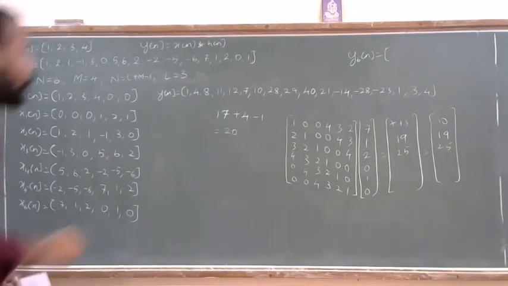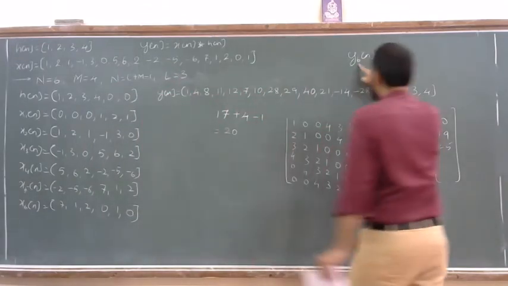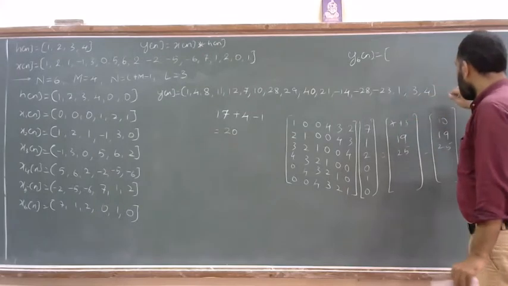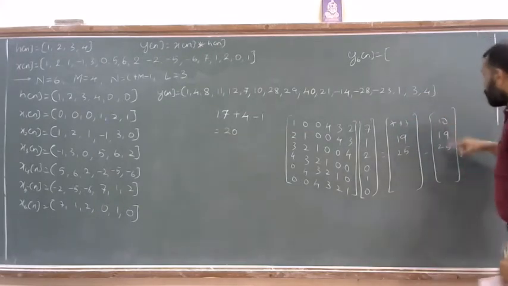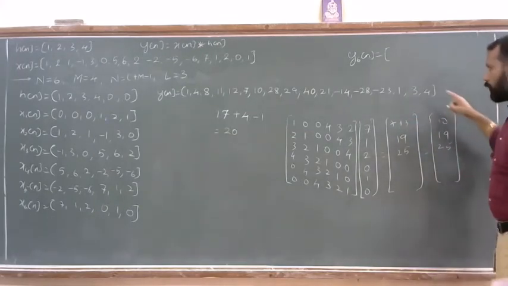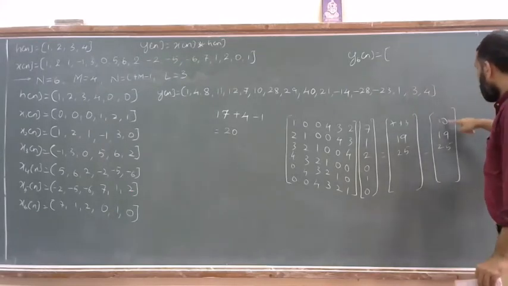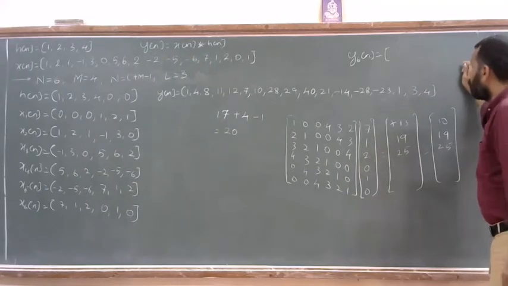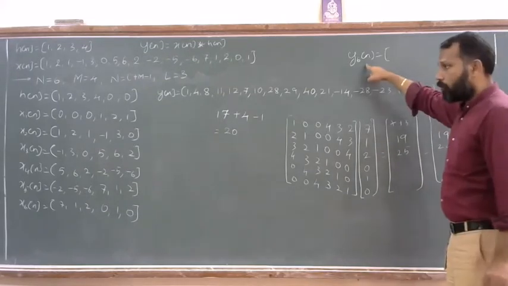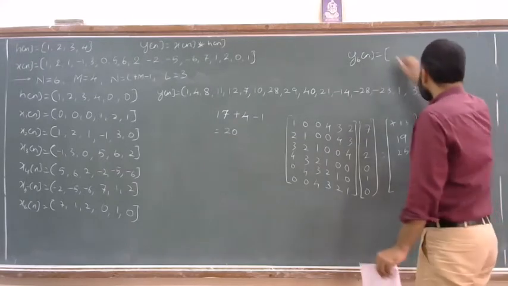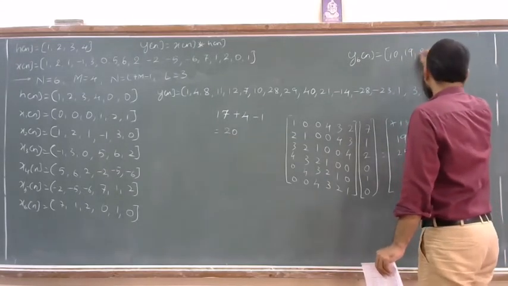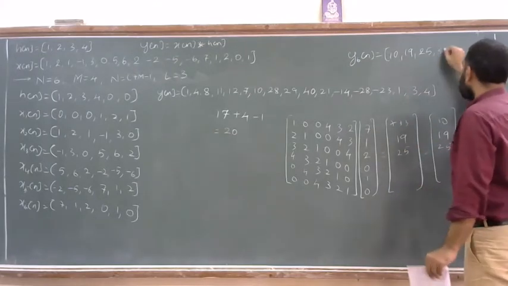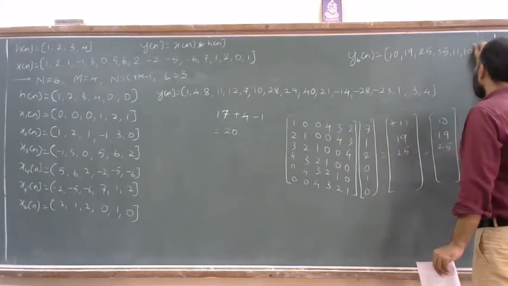What did I write for y6 of n? You just make the correction. Instead of 10, 19, 25, I might have written 0, 1, 2, 3, 4, 0. But the actual y6 of n is 10, 19, 25, and the remaining 3 samples when we multiply here are 35, 11 and 10.